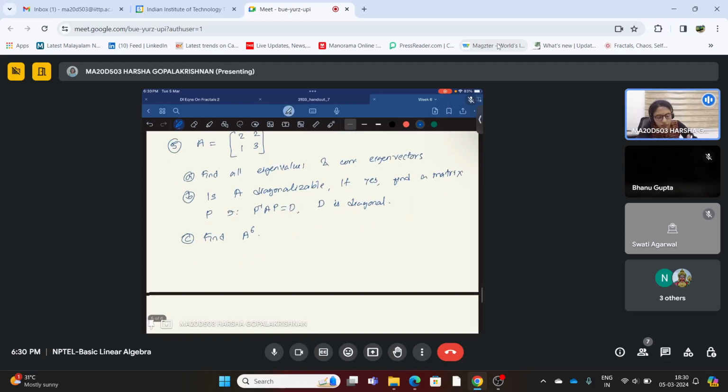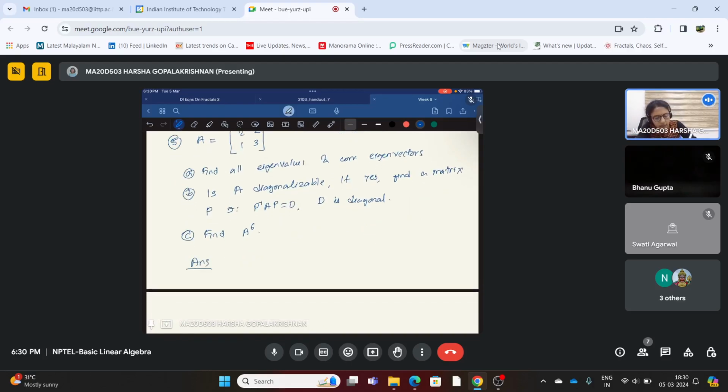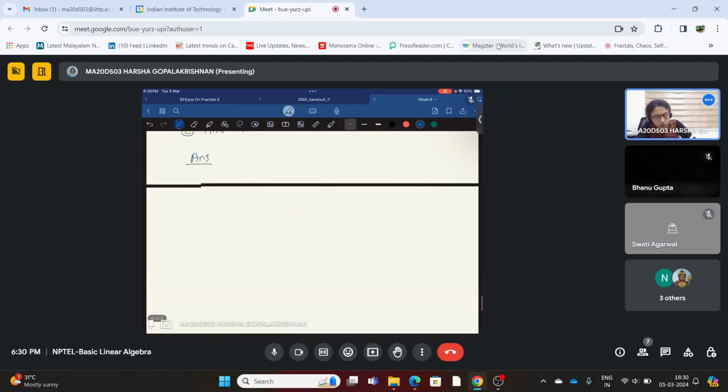First of all, we will start with the characteristic equation. Here A is 2 2 1 3, and what is the determinant of A minus lambda I? This is 2 minus lambda, 2, 1, 3 minus lambda, and this is just the determinant: 2 minus lambda times 3 minus lambda, minus 2.